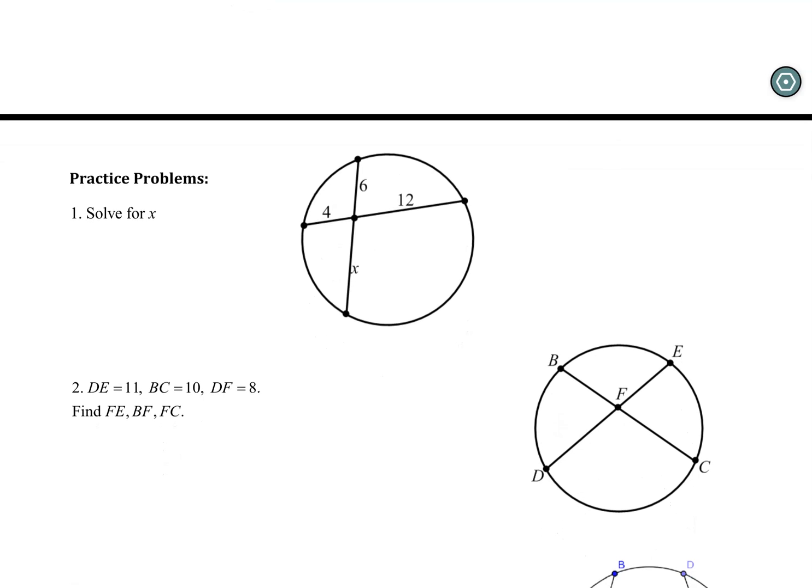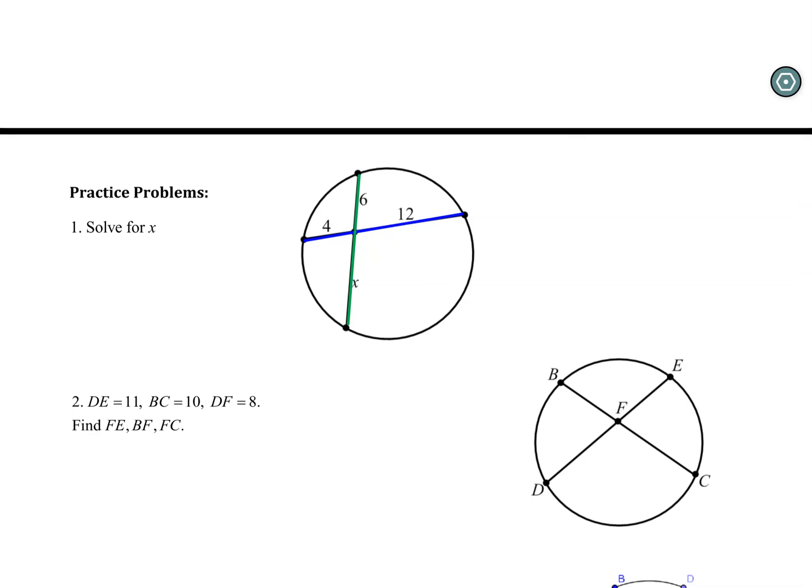So I identify the fact that I've got two chords. Here's my first chord, here's my second chord. It doesn't matter which order you do them in. But we've got our parts here. So right away, when you see two chords, you're going to think part times part equals part times part.